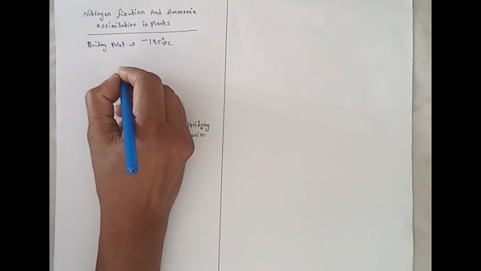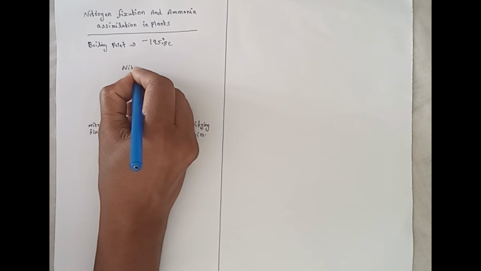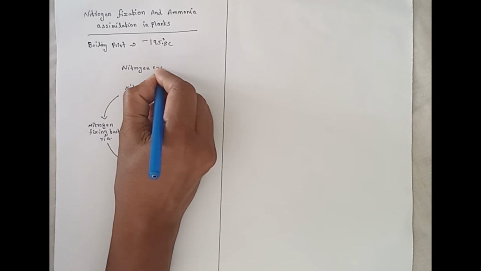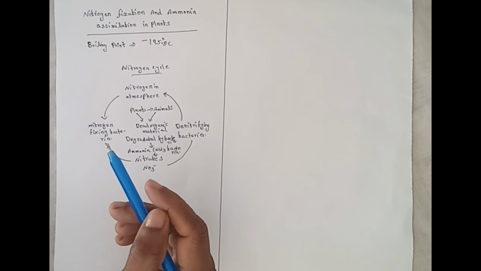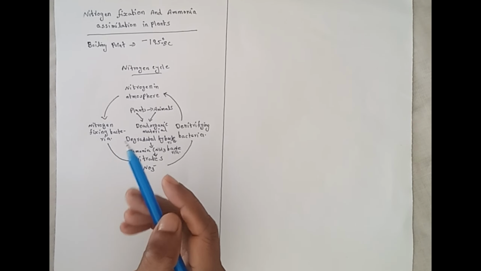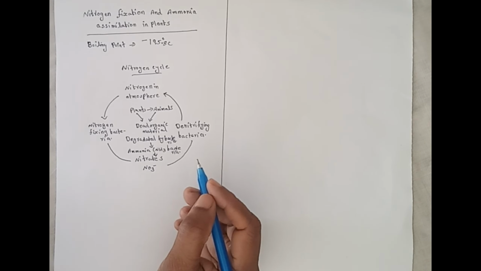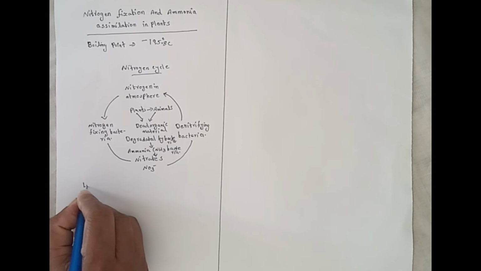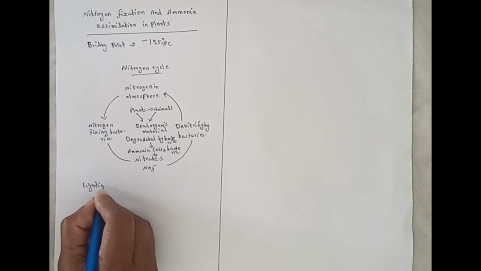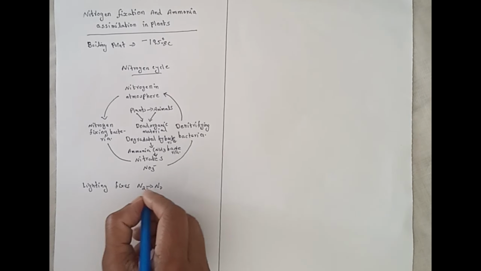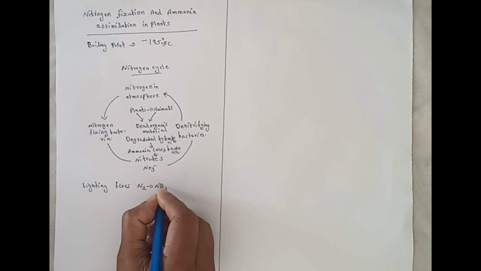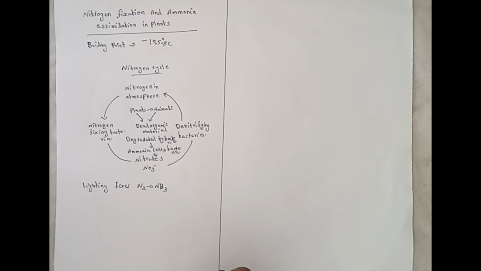This is the nitrogen cycle. Here, lightning mainly fixes N2 to NH3 form.